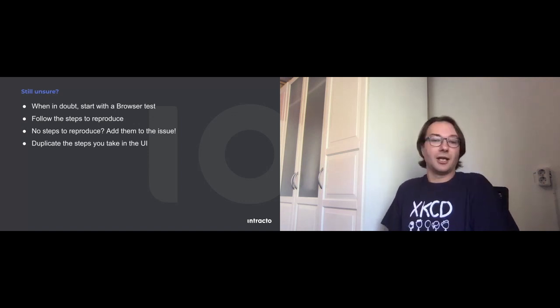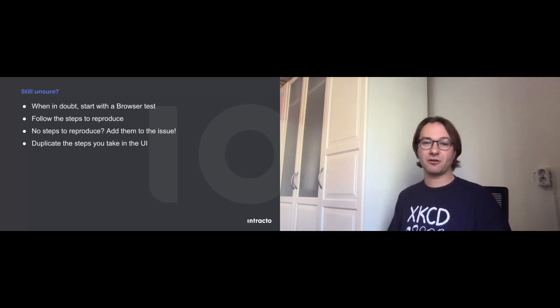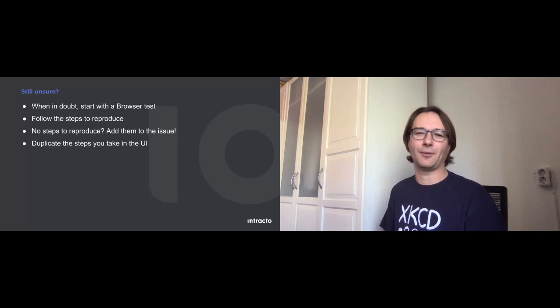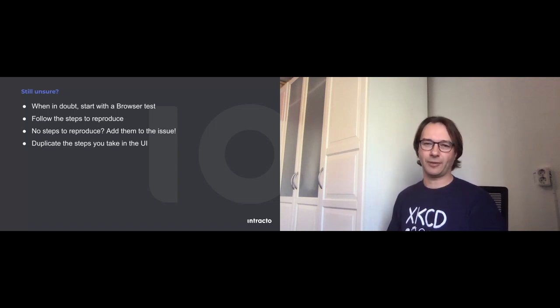So if you really have no idea where to start, just start clicking through a page. Open up the front page, go to a URL, start from there, and try to reproduce the steps, except in an automated test. That's always a good way to start.